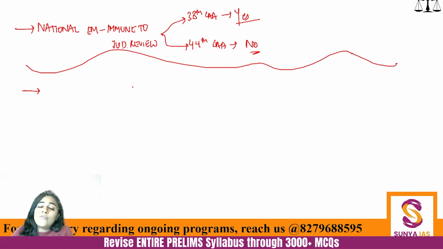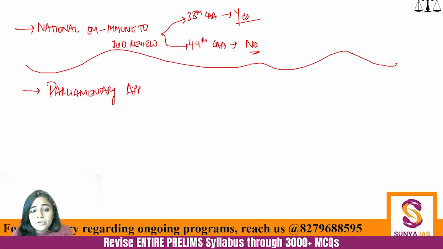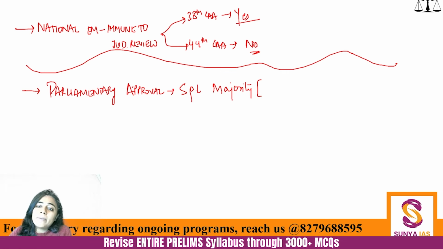But for such a big thing, you require parliamentary approval, right? So just write parliamentary approval. Parliamentary approval, first thing, will happen by a special majority in both the houses. Please write this: special majority, and in brackets, both the houses.